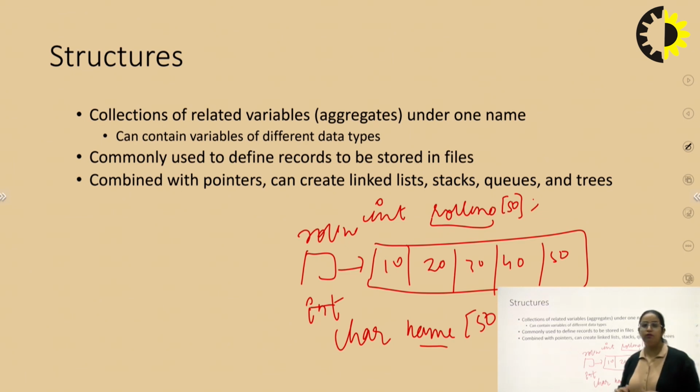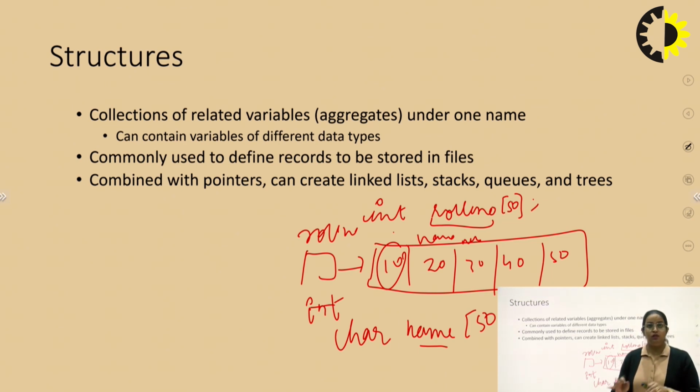Likewise, if we want to store marks, then again we declare another array. That means for every entity we have to declare a new array, because in a single array we cannot store a roll number here, then name here, then marks here. This is not allowed in arrays.